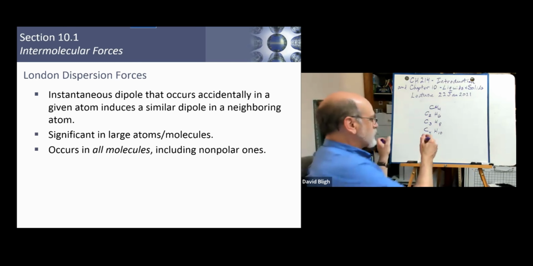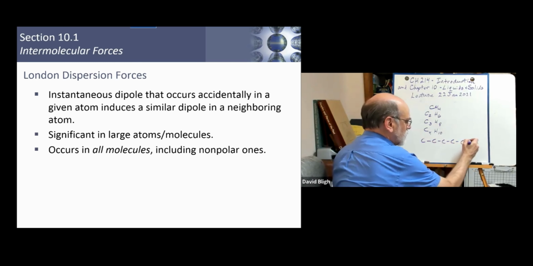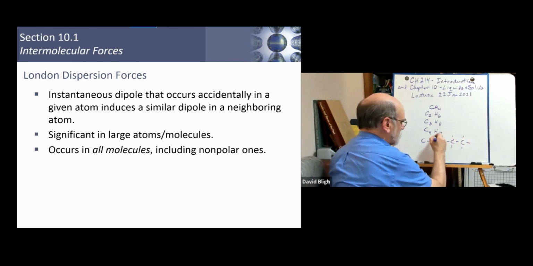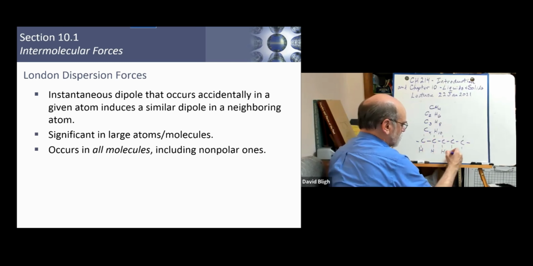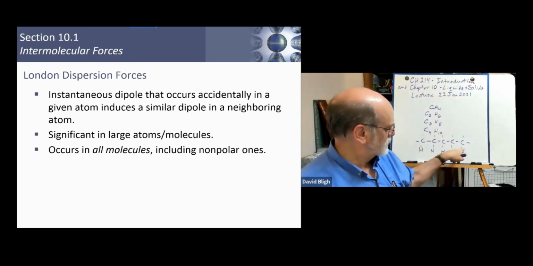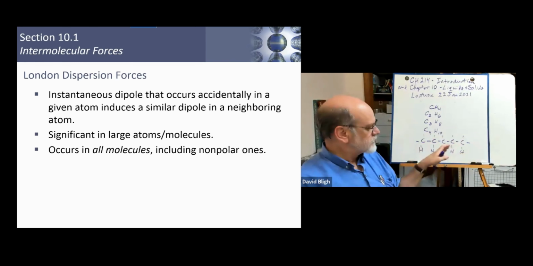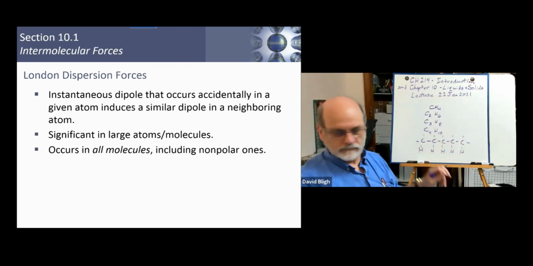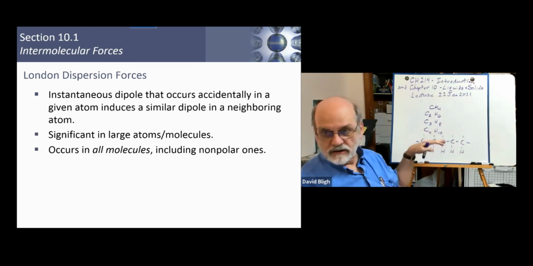Because their structure is like a series of carbon atoms and then hydrogens all the way around. Well, it turns out that the carbon-hydrogen difference in electronegativity is very small. So there's not much polarity to work with there. So the attraction of one molecule to the other is dependent on how strong are the London dispersion forces.